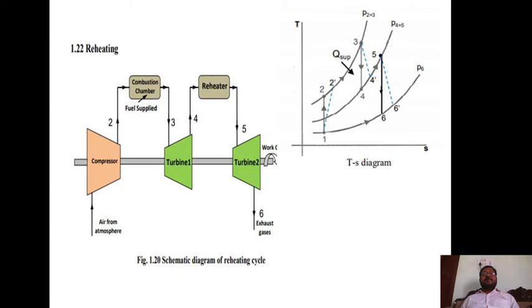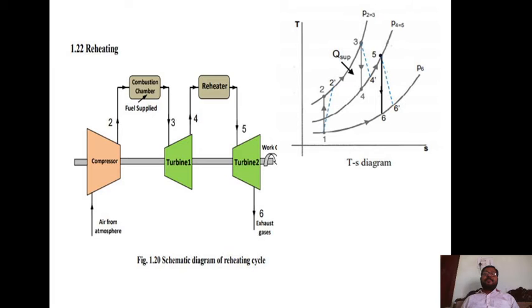That maximum pressure and temperature flue gas is sent to turbine 2, so that again it produces the same output as turbine 1. Like this, the two turbines are developing the work. Total work done is calculated by adding the work done of the two turbines.